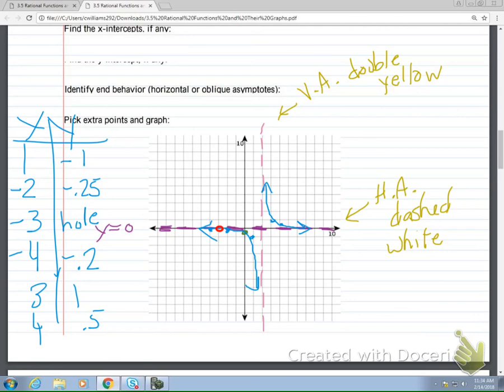So here's what you should be seeing: your graph going out of its way to not touch your vertical asymptote. Double yellow. If you draw me a graph in which you cross right over the vertical asymptote you just wrote, I will have a fit. Okay?